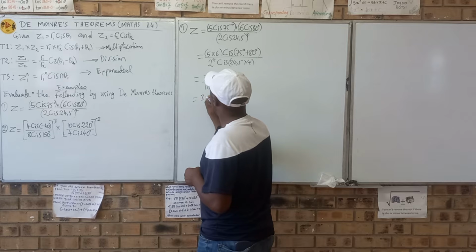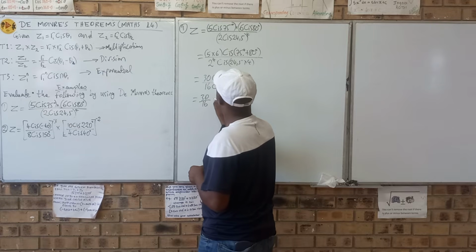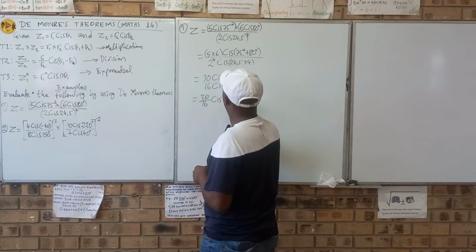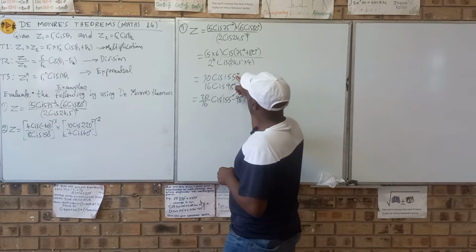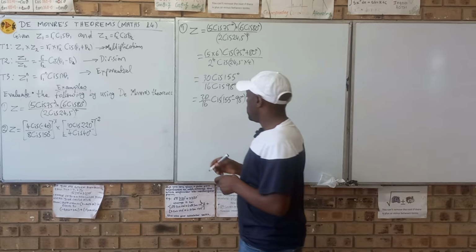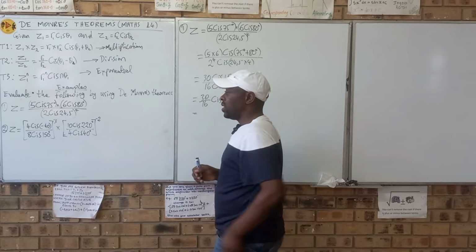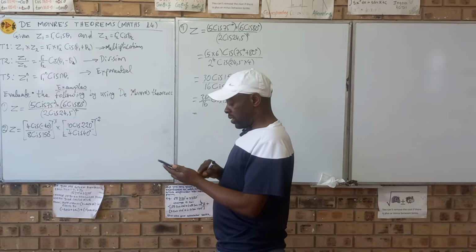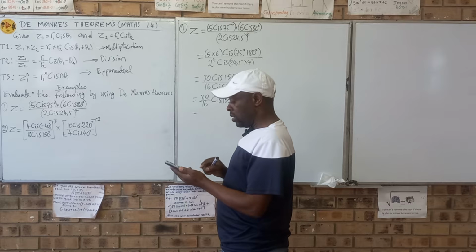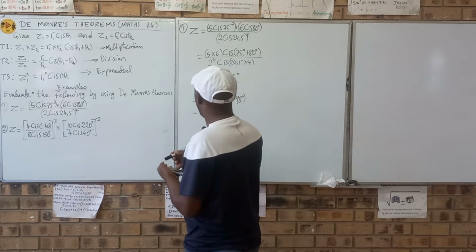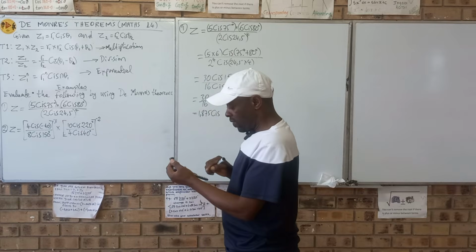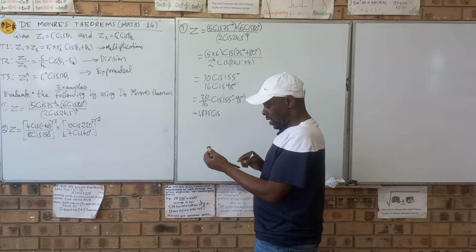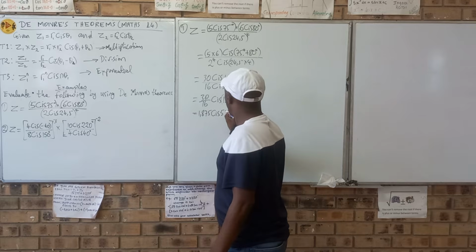So we'll take 30 over 16, then 155 minus 98, that is theta 1 minus theta 2. 30 divided by 16 gives us 1,875. Then 155 minus 98 leaves us with 57.